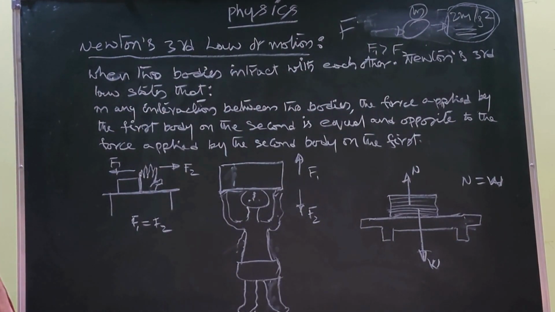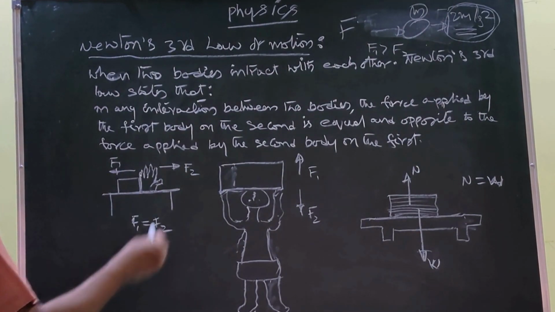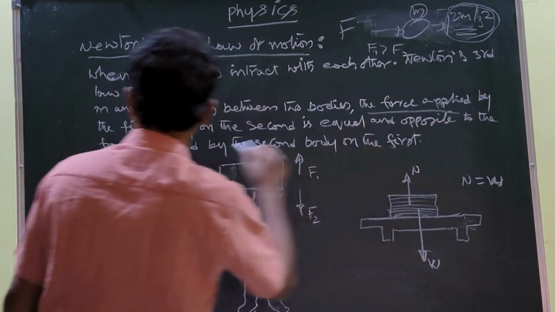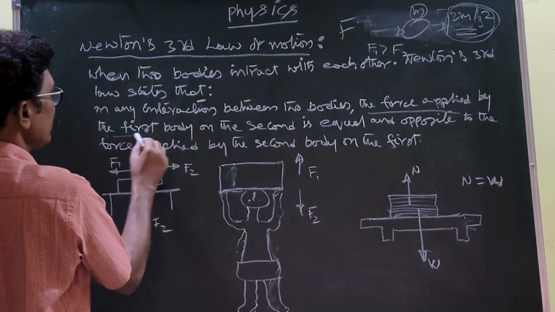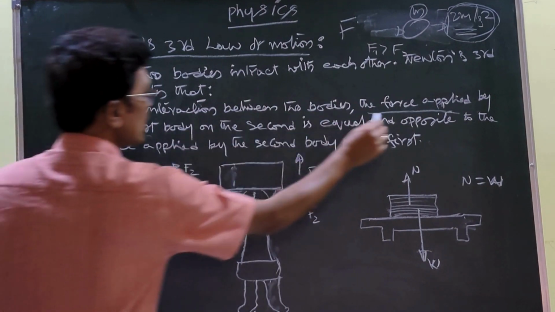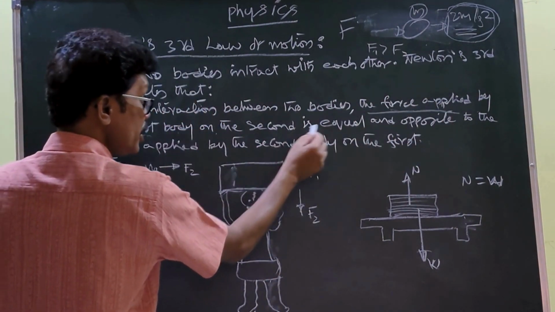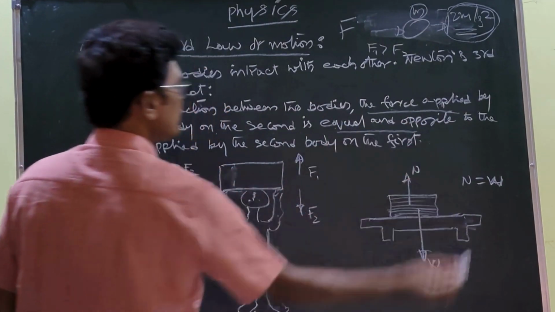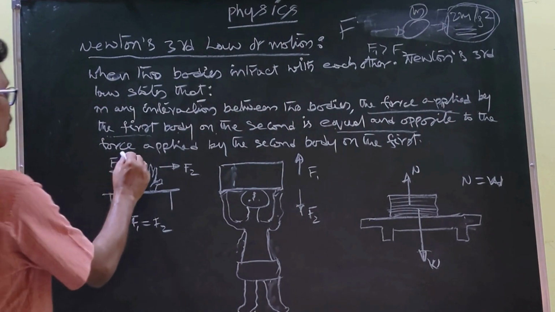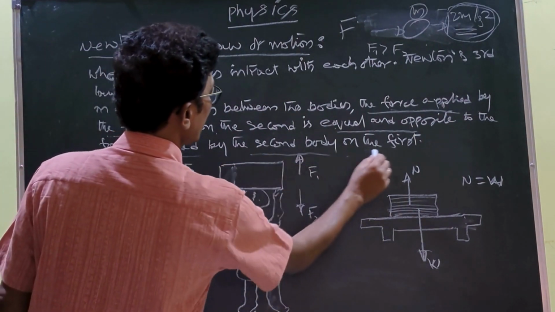Of course, that simple statement is not enough. The force applied by the first body on the second is equal and opposite to the force applied by the second body on the first.